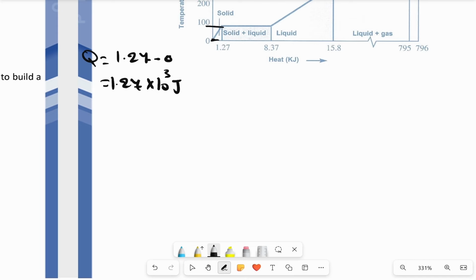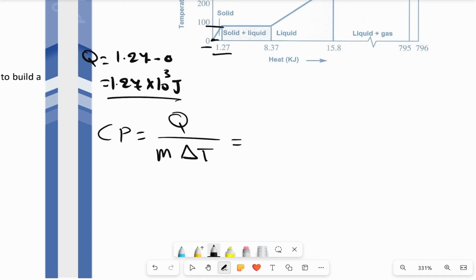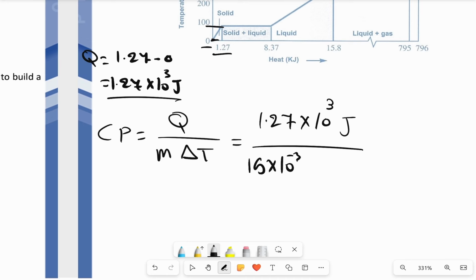To find the specific heat capacity, we'll use this equation: Cp is equal to Q divided by mass times delta T. Then we have Q, which is this one subtracted by 0. Then we have 1.27 times 10 to the power of 3 joule divided by mass, which is 15 times 10 to the power of minus 3, times delta T, which is 100 Celsius minus 0.